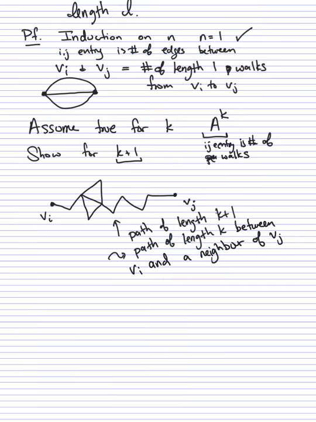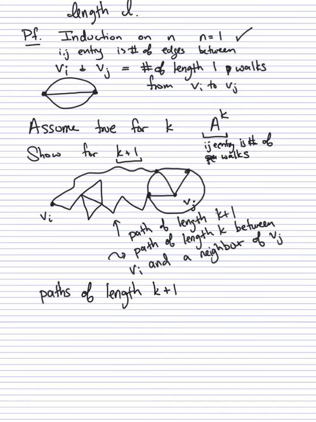Okay, so v sub j might have many neighbors, right? So there might be another path of length k plus 1 over here. It'll have a fixed set of neighbors. And this is exactly how to count the paths of length k plus 1, right? So the paths of length k plus 1, I guess I switched from walk to path, I can't help myself.